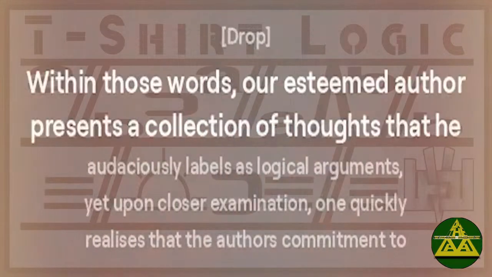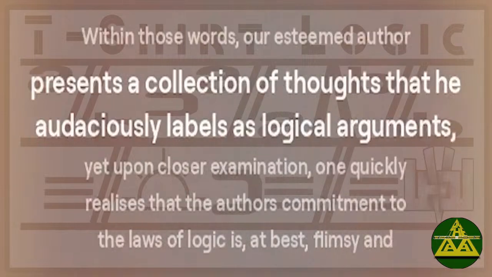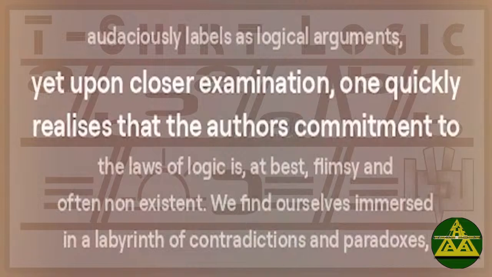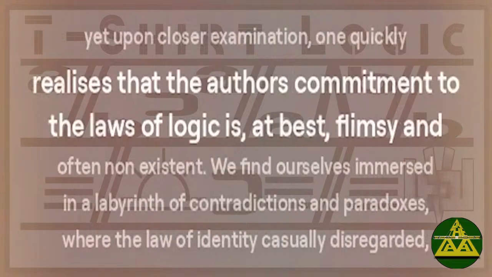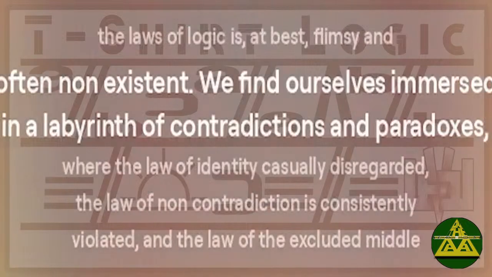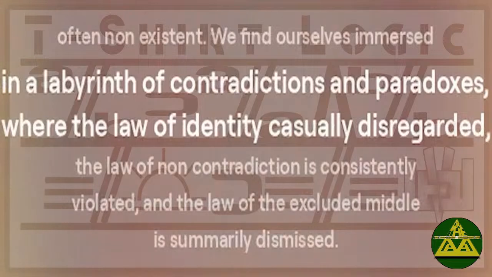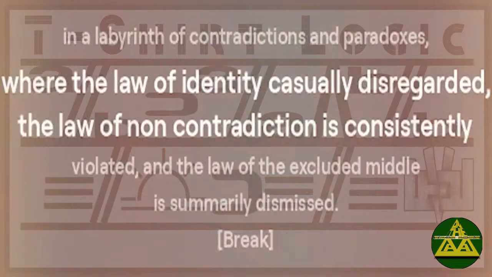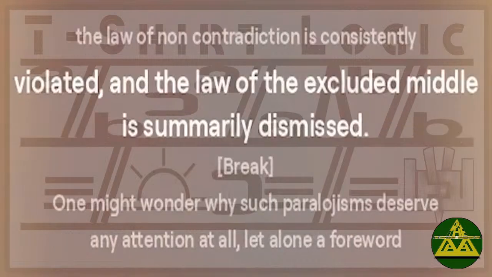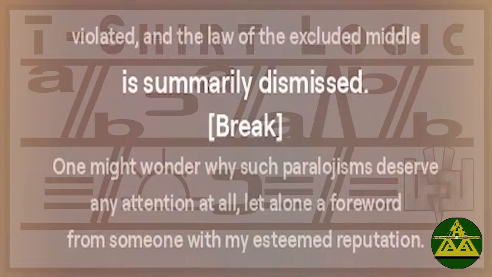The most knowledgeable logician ever lived. Within those words, our esteemed author presents a collection of thoughts that he audaciously labels as logical arguments. Yet upon closer examination, one quickly realizes that the author's commitment to the laws of logic is at best flimsy and often non-existent. We find ourselves immersed in a labyrinth of contradictions and paradoxes, where the law of identity is casually disregarded, the law of non-contradiction is consistently violated, and the law of the excluded middle is summarily dismissed.